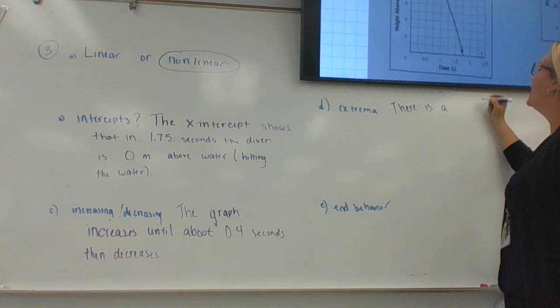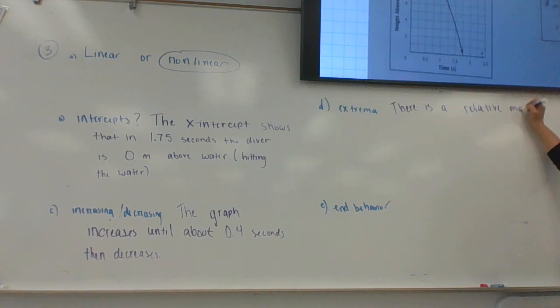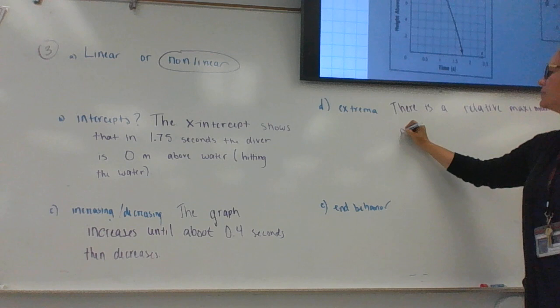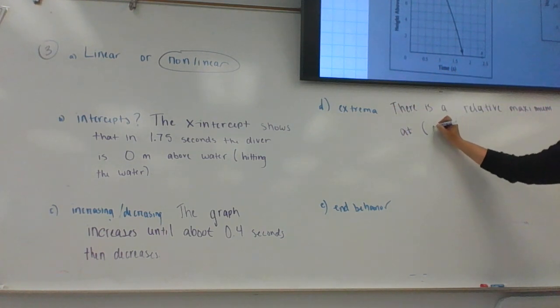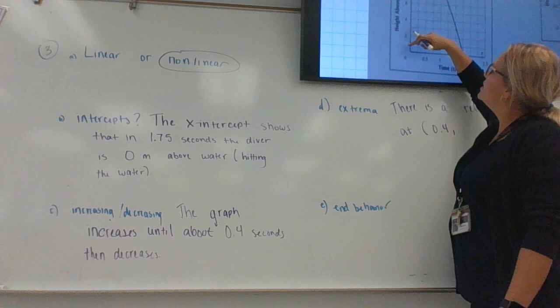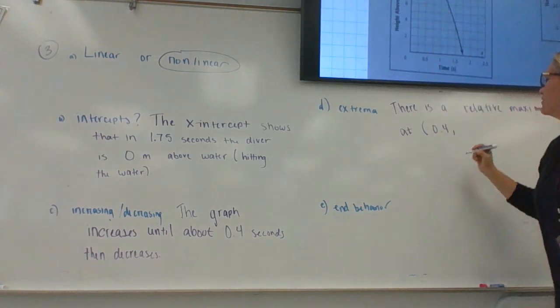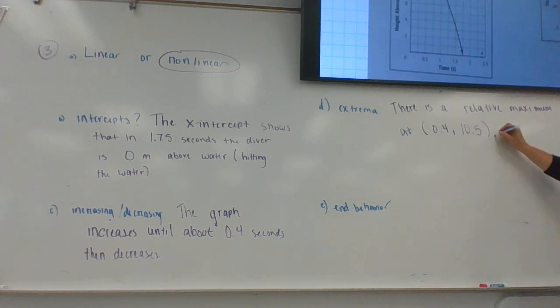I'm going to call this a relative maximum at, and I already said, 0.4. How high does the diver ever go? This is going by 1, so I'd say about 10.5 meters, the maximum before it turns and comes back down.